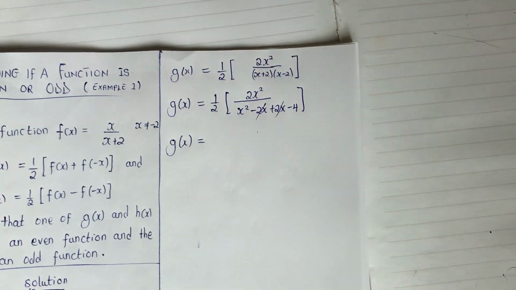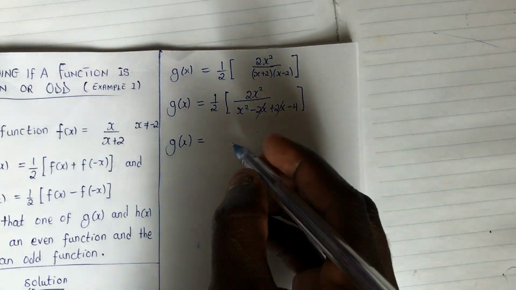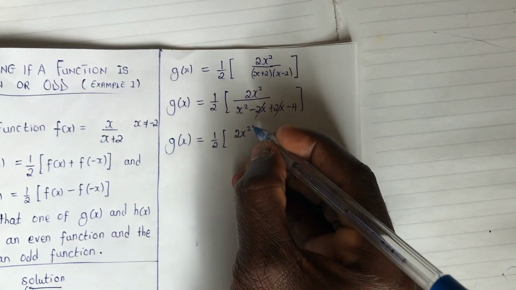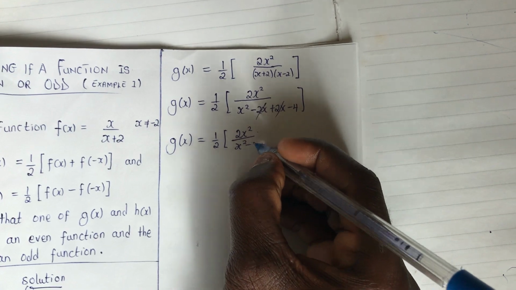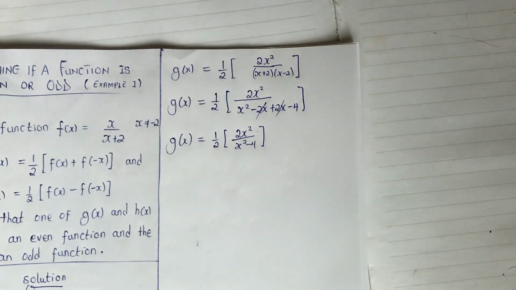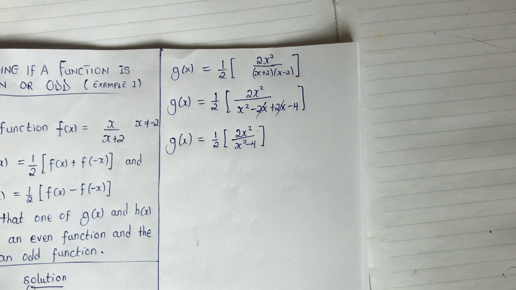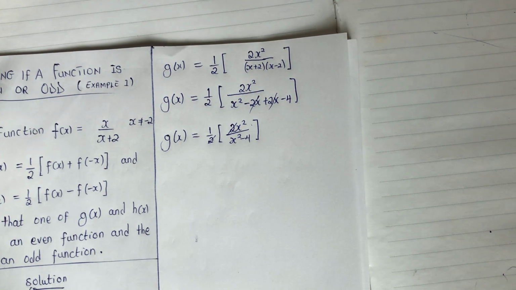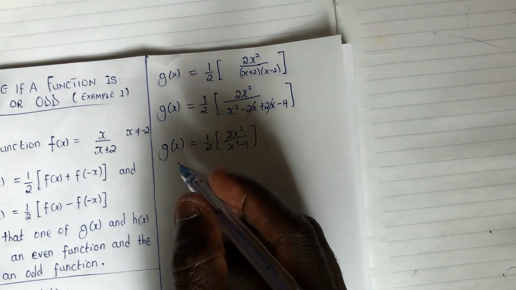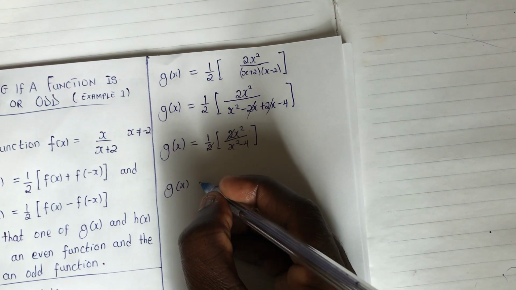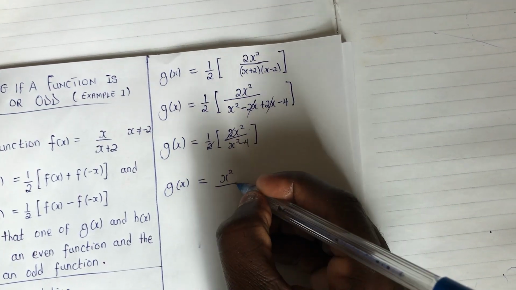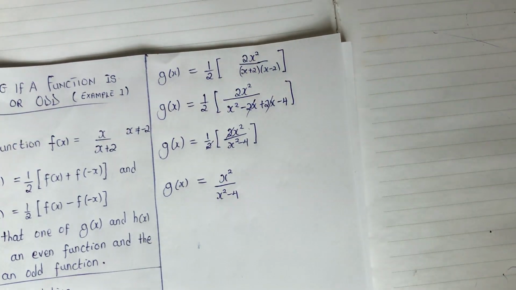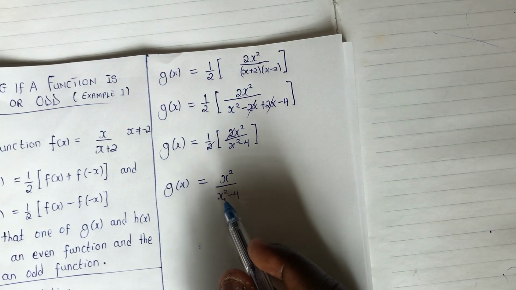This and this are the same, positive and negative, so they will go out. So we are left with 1 out of 2 into bracket 2x squared out of x squared minus 4. So this is it. Now we are not done. There's something we can do here again. Now we have 2 here, 2 here. So this will now take care of this. So now we have been able to eliminate the half. So we are having g of x equals x squared out of x squared minus 4. So there's nothing we can do here again. Don't try to use difference of 2 squares here.